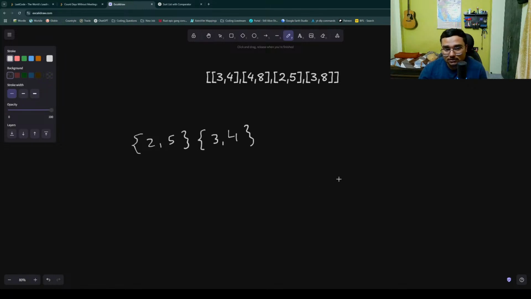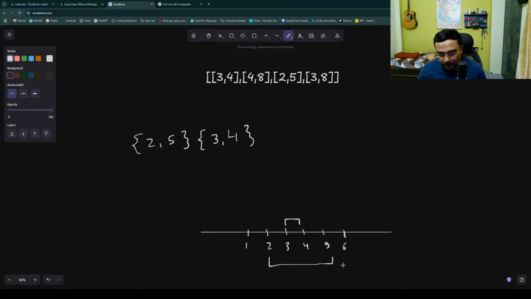What are the cases where two intervals overlap? Let's say this is the number line, right? If either this guy is in between here, right? So let's say this was 1, 2, 3, 4, 5, 6. So we have an interval like this. Then we encounter an interval like this. There can be overlaps like this, could be like this, right?